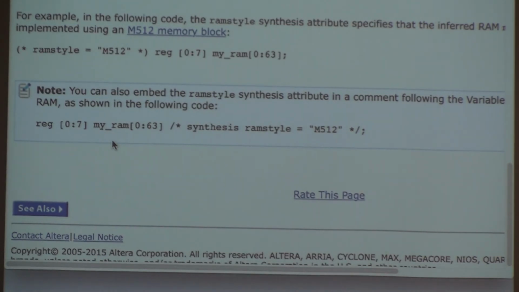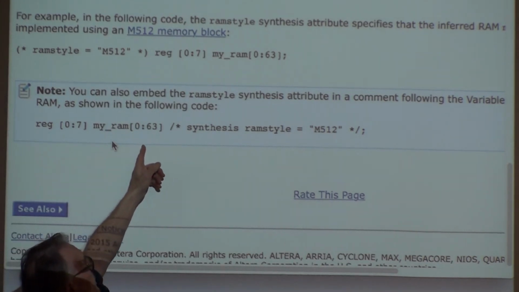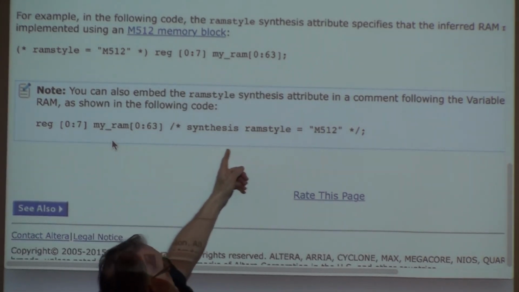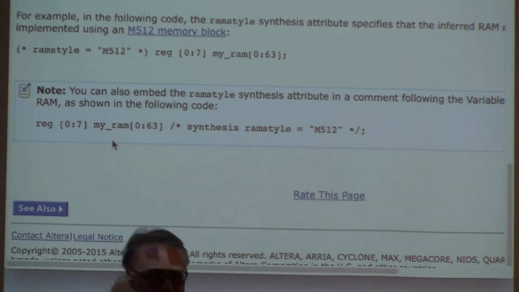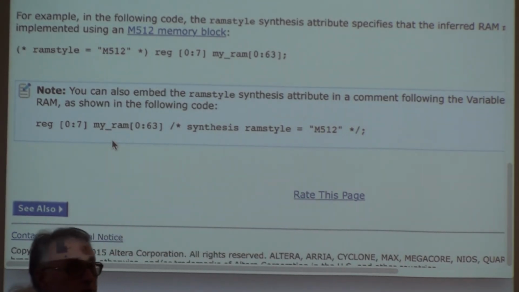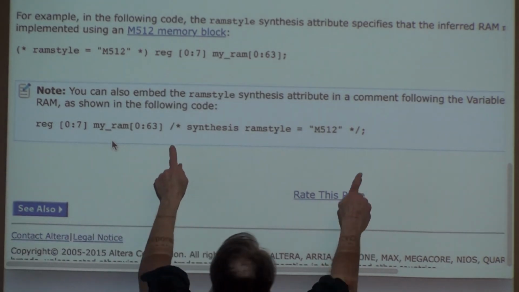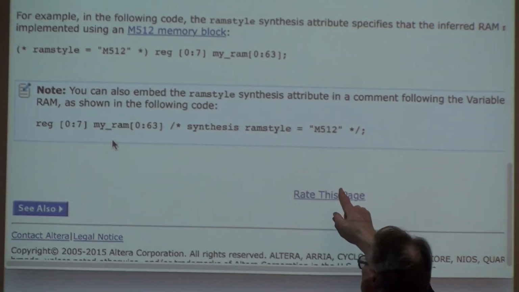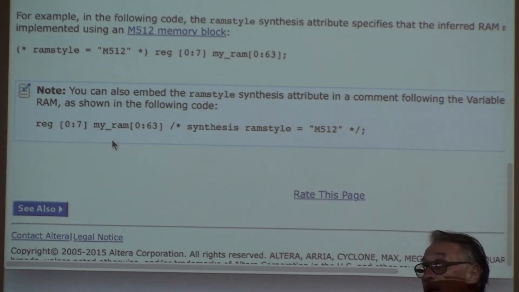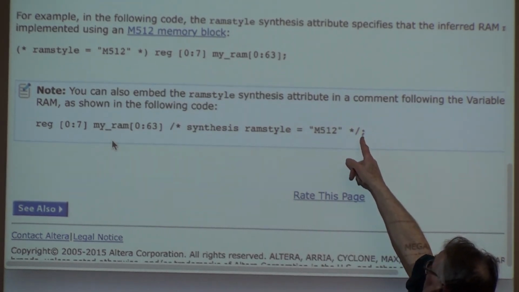You can say, I want a byte wide RAM with 64 words, and then say synthesis RAM style. You can't say M512 because that doesn't exist on our chip, but you can say M10K or MLab. And again, this thing that looks like a comment, and is a comment as far as your simulator is concerned, has to be before the semicolon.